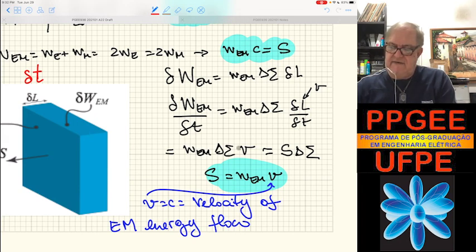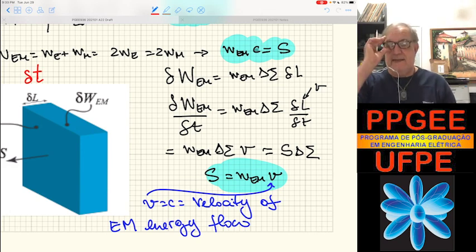This gives us velocity times delta sigma times energy density. That means this is the flux, S delta sigma. So the power density equals the energy density times the velocity. So the velocity of energy flow is equal to the velocity of light, as we just demonstrated. Okay? So that's the meaning. That's why we have that relationship.